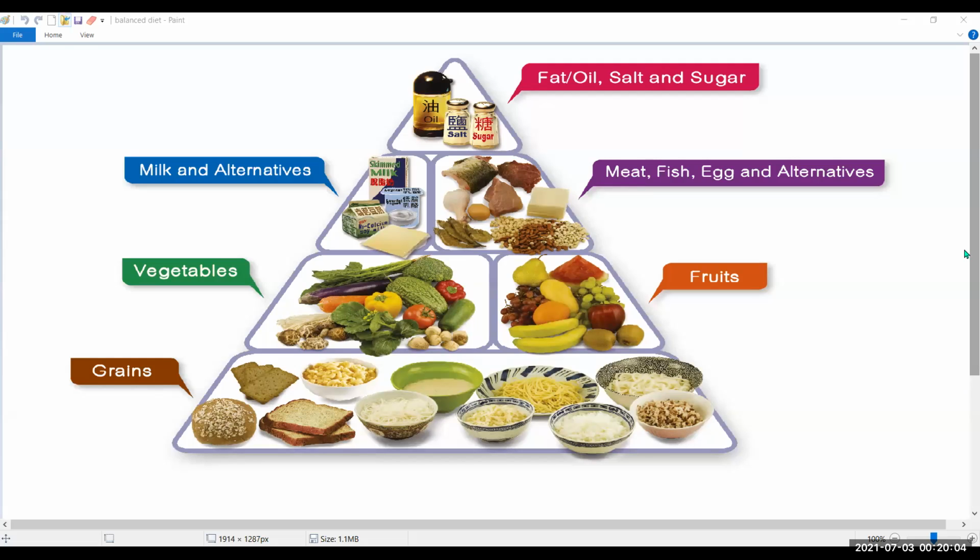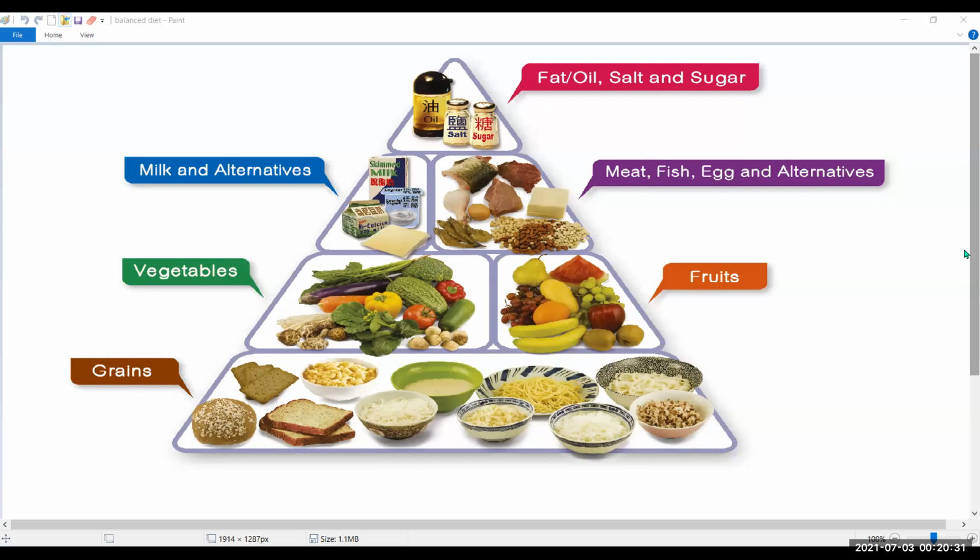Now, children, let us discuss the term balanced diet. A diet that contains all the components of food in the right proportions for the healthy functioning of our body is called a balanced diet.